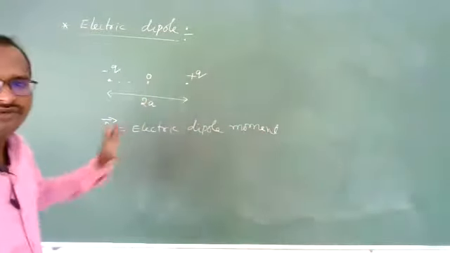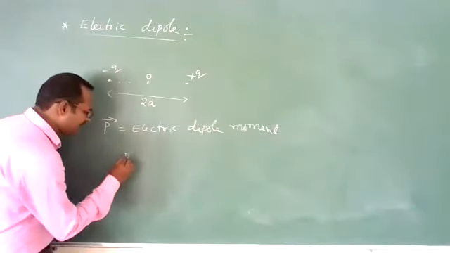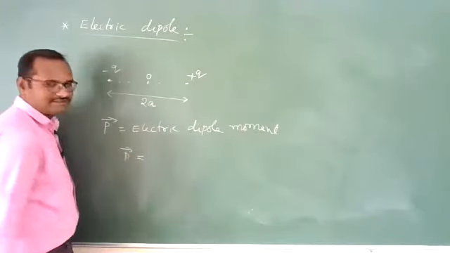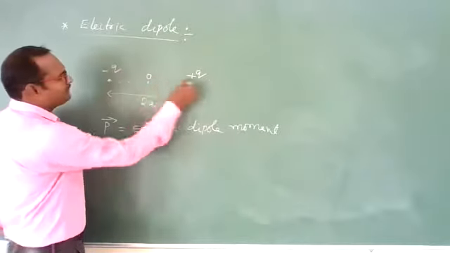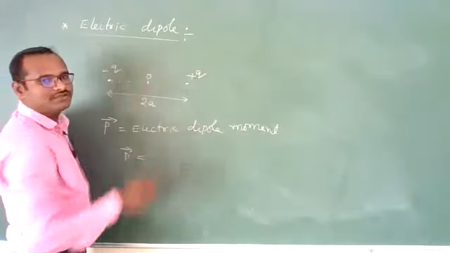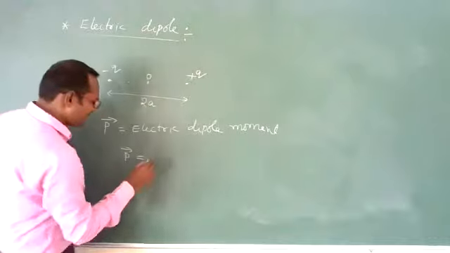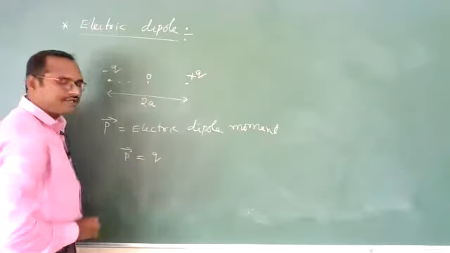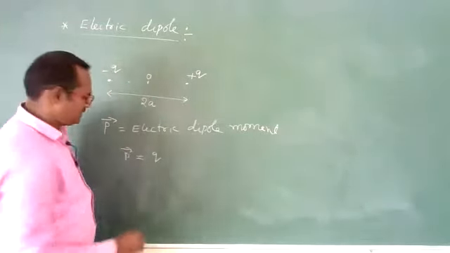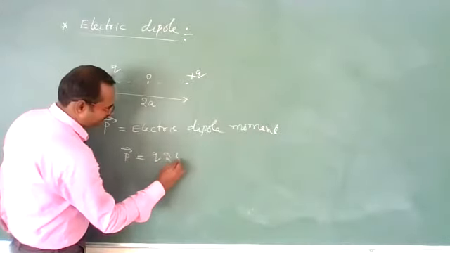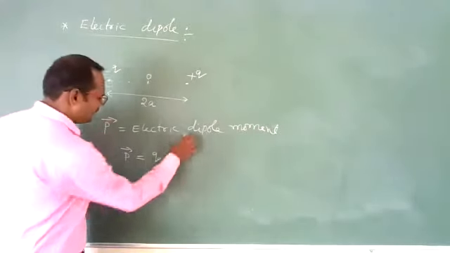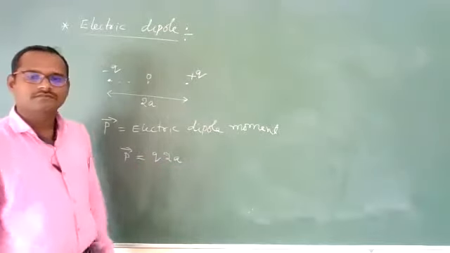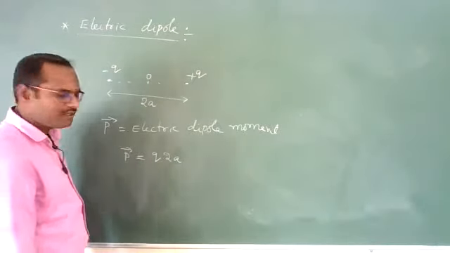This electric dipole moment is defined as one of the charges, positive or negative, since the magnitude is the same, multiplied by the distance between these two charges, that is 2a. Are you getting, students?